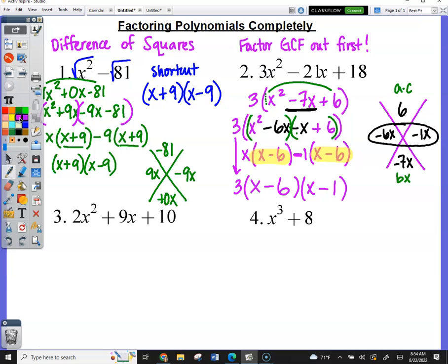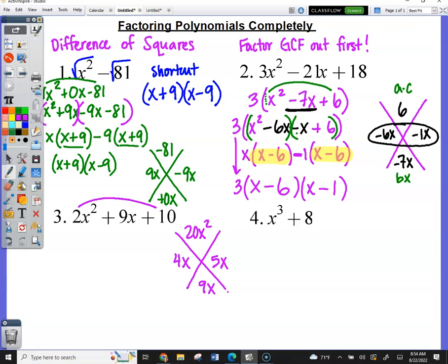Look at number 3. Does it have a GCF? No. Multiply A times C. You get 20x squared. You can write that x squared there if you want. And then copy bx to the bottom. Alright, it's got to multiply to give me 20x squared and add to give me 9x. 5 and 4 or 4 and 5, right?